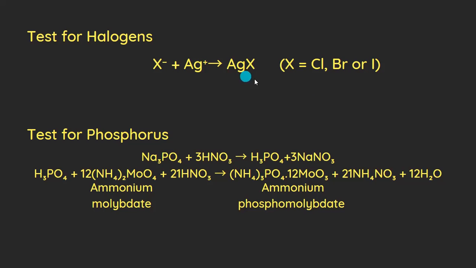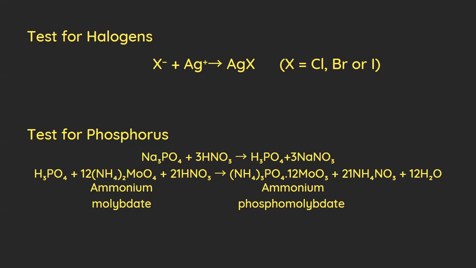So AgCl is soluble in ammonium hydroxide, AgBr is sparingly soluble in ammonium hydroxide, and AgI is completely insoluble in ammonium hydroxide. AgCl is white. AgBr and AgI are yellow in color.